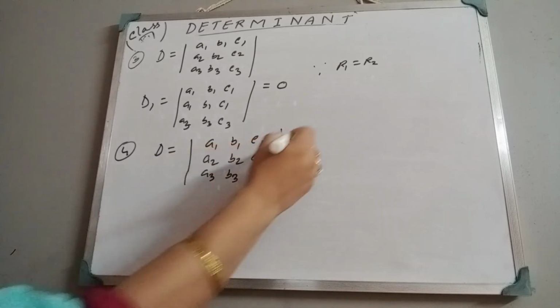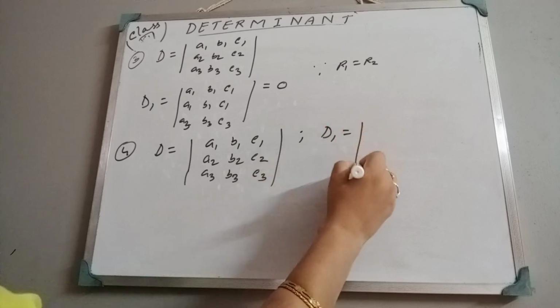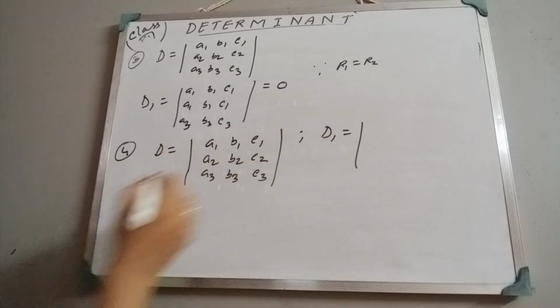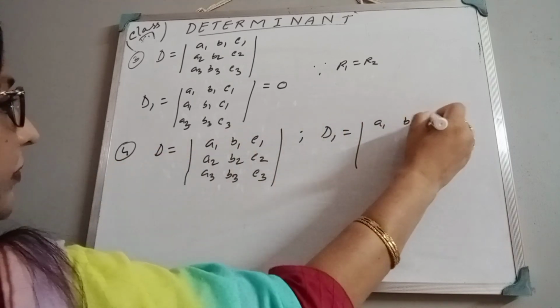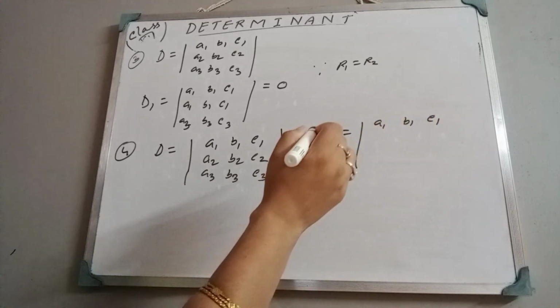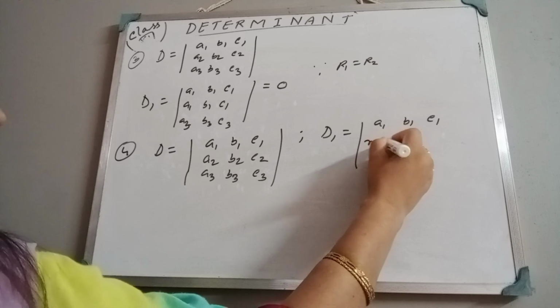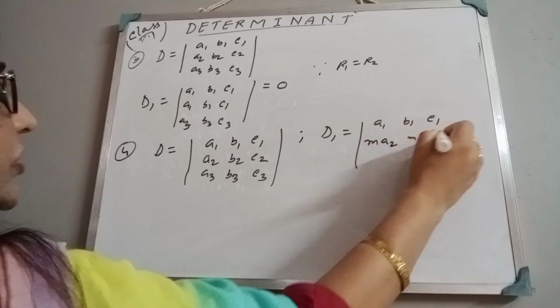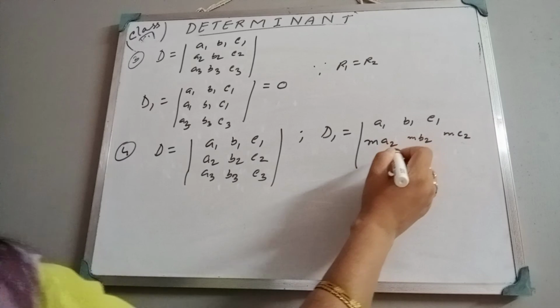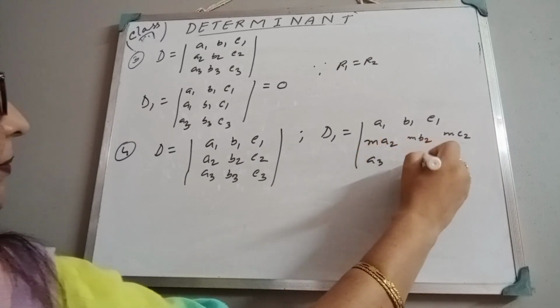Okay. And D1, say D1 equals A1, B1, C1, and the second row multiplied with one scalar quantity, say M: M A2, M B2, M C2. And the third one, A3, B3, C3.